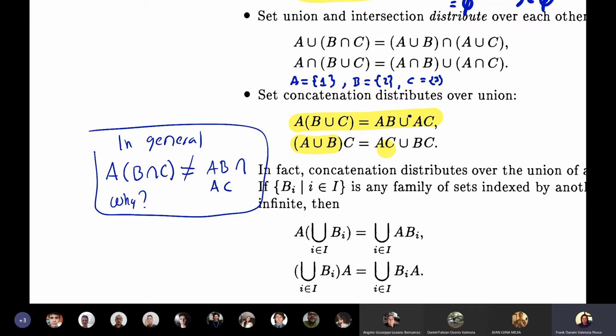Can you find a set of strings A, a set of strings B, and a set of strings C such that A concatenated with B intersection C is not the same as A concatenated with B intersected with A concatenated with C?